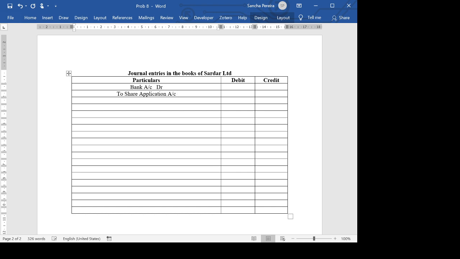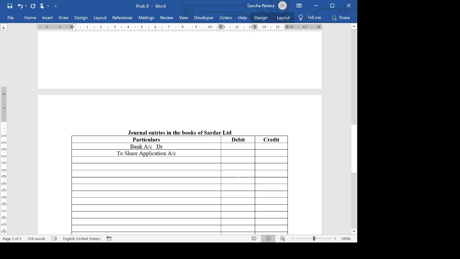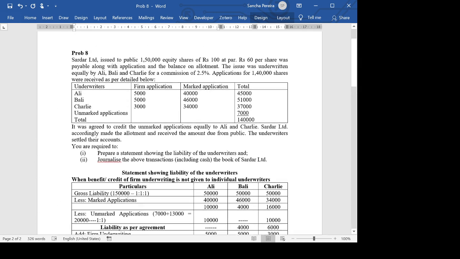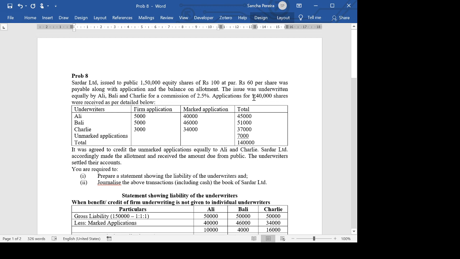Okay, now we need to know on how many shares application money has been received. So I think we already have that total that the application money is received on 1,40,000 shares.